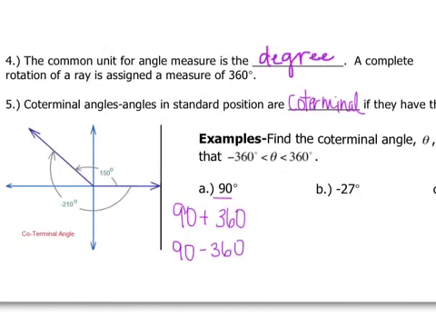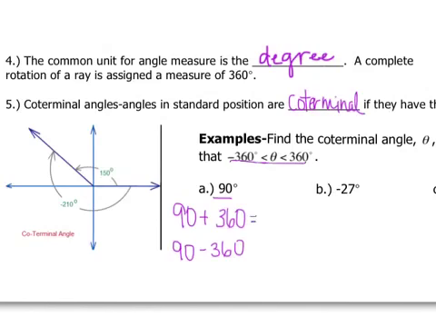If we want to end up at the same place, we can do one rotation going one way, one the other way. Now, the stipulation that we have here is that our coterminal angle is between negative and positive 360.